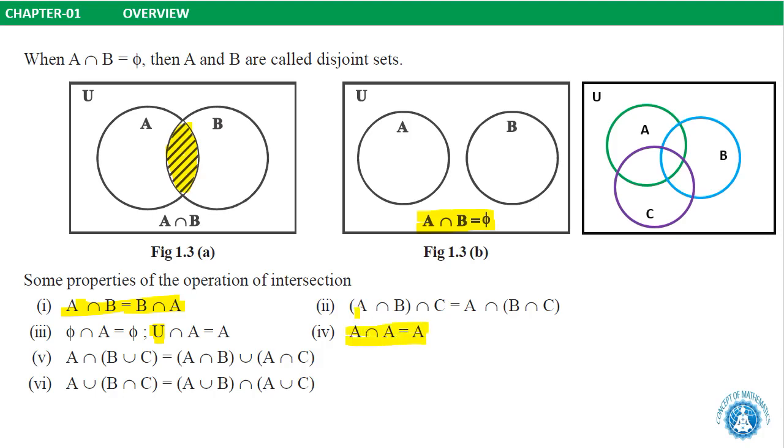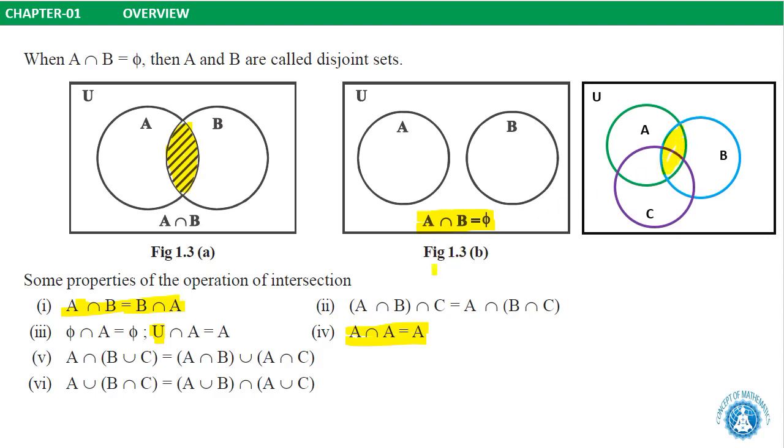Now coming to operations of three sets, the intersection of A and B will be represented by this portion.